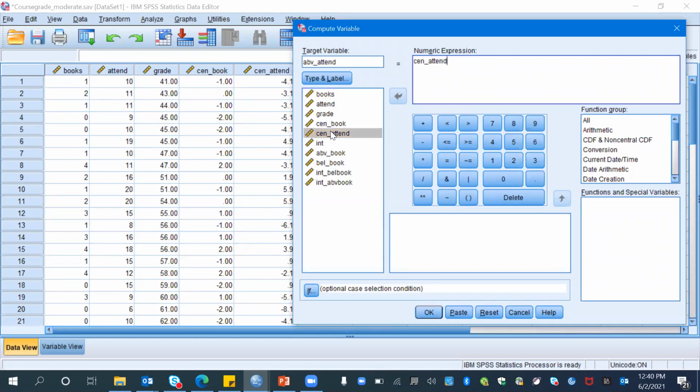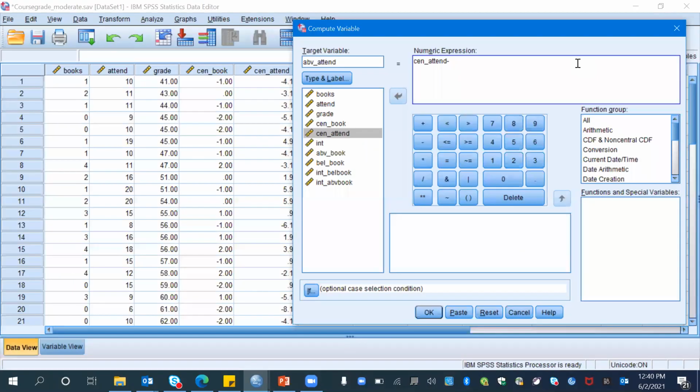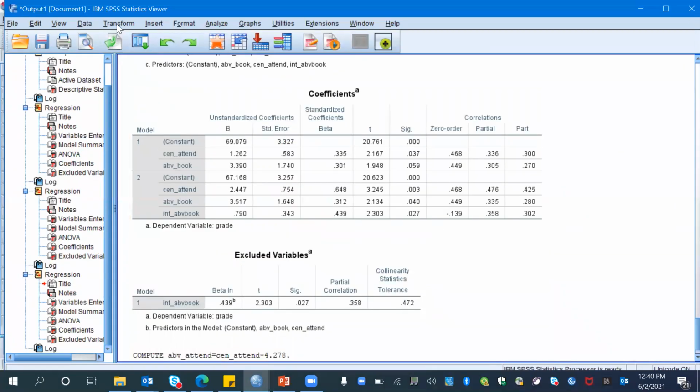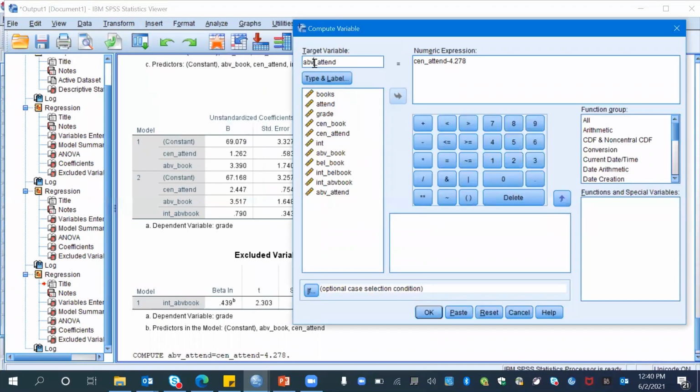I'm going to take my attendance here, and I'm going to subtract, I don't remember what the standard deviation was. The attendance, 4.278. So again, we want the above attendance, so we're subtracting the standard deviation. And I'm going to do the same for below. So I'm going to add the standard deviation here.